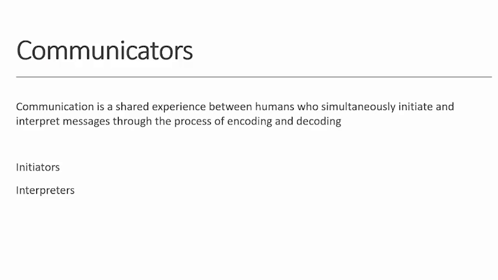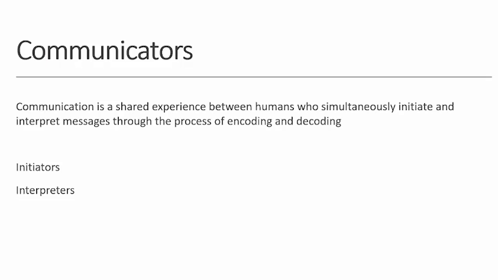And what is really important is that communicators simultaneously initiate and interpret messages. That is very important. In general communication, let's say you engage in a chat room, or you send an email. When you send a draft email, you become the sender of the email.